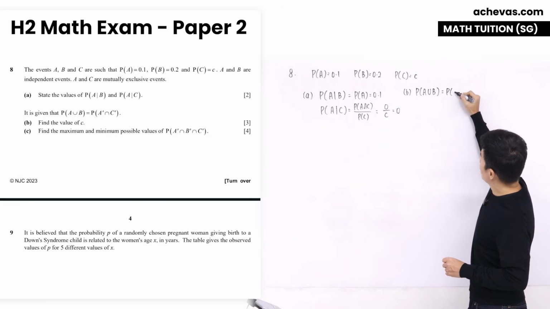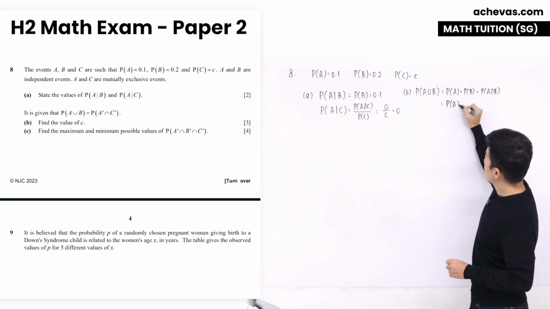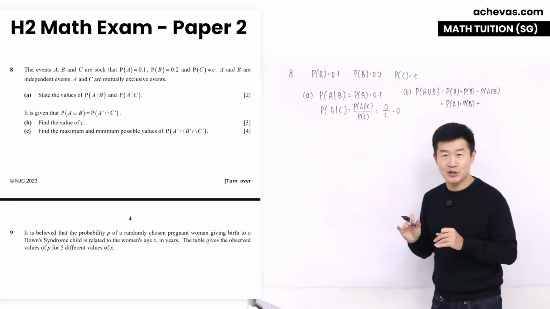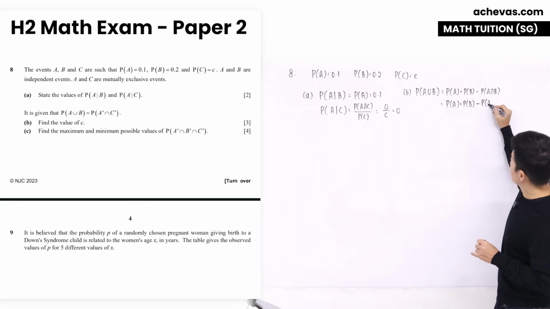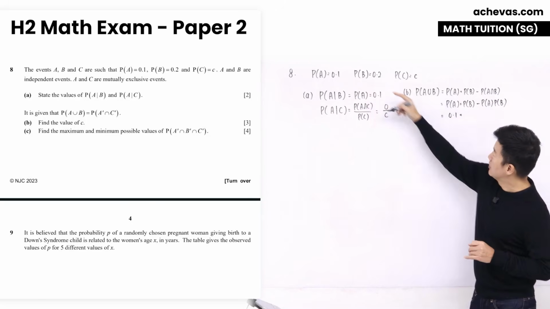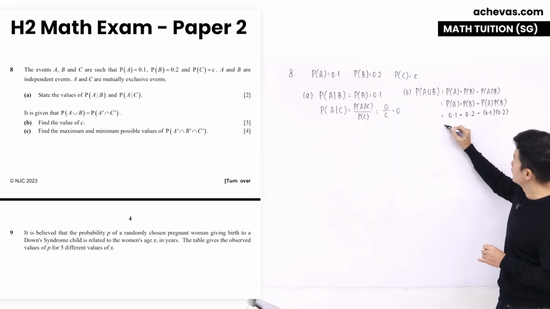It is going to be probability of A plus probability of B minus probability of A intersect B. And because the question is telling us that A and B are independent of each other, the probability of A intersect B is the probability of A multiplied by the probability of B. So this will be 0.1 plus 0.2 minus 0.1 times 0.2.